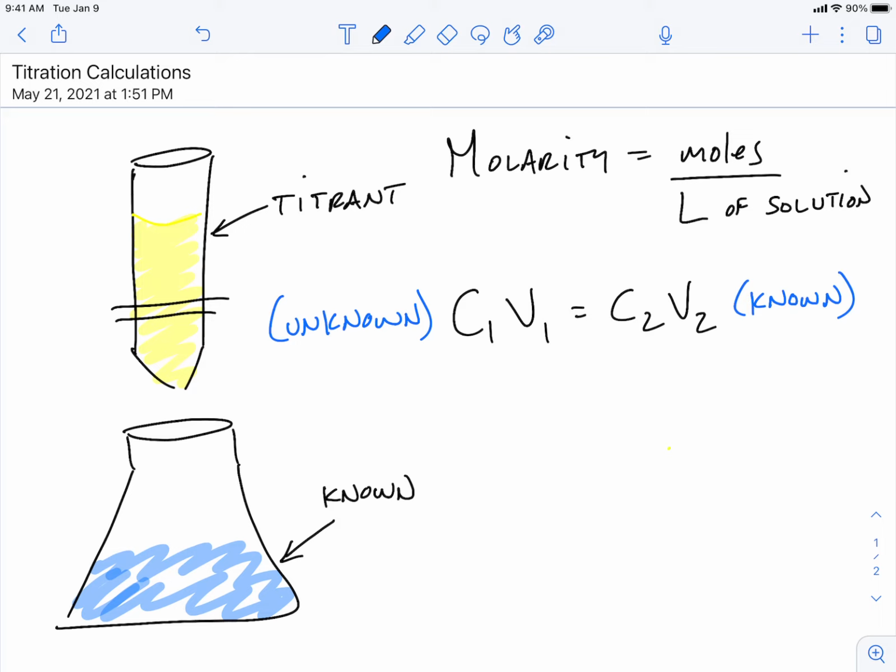For instance, let's say that we knew the concentration of our sodium hydroxide, which was in the Erlenmeyer flask, to be 0.1 molar. And we knew that we put 5 milliliters of that 0.1 molar blue solution in our Erlenmeyer flask.